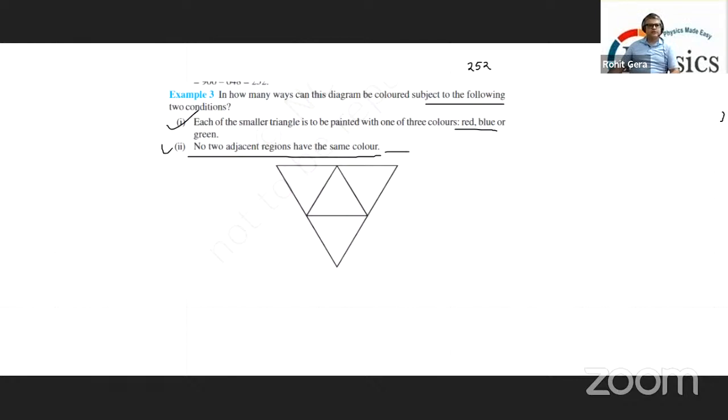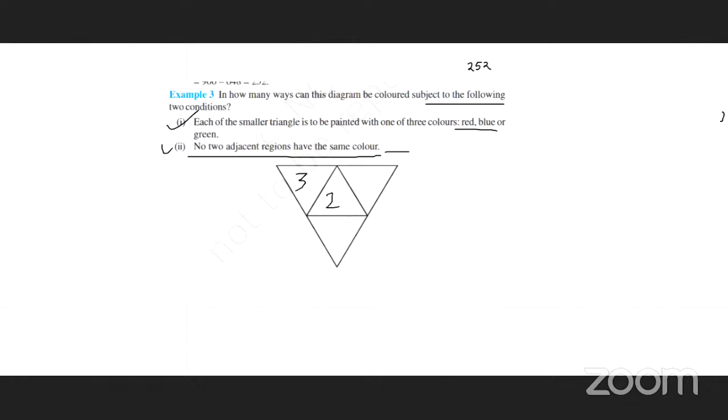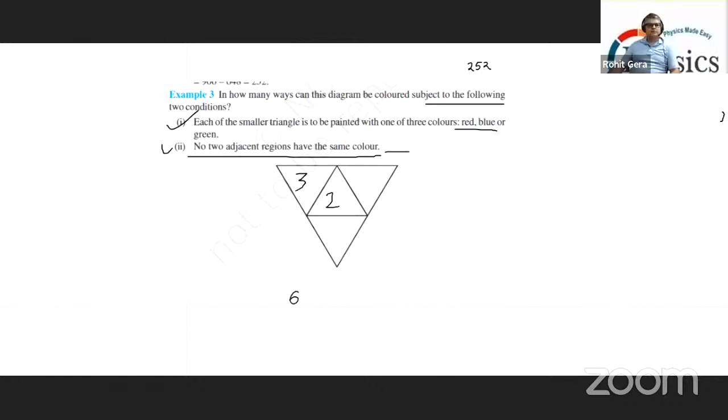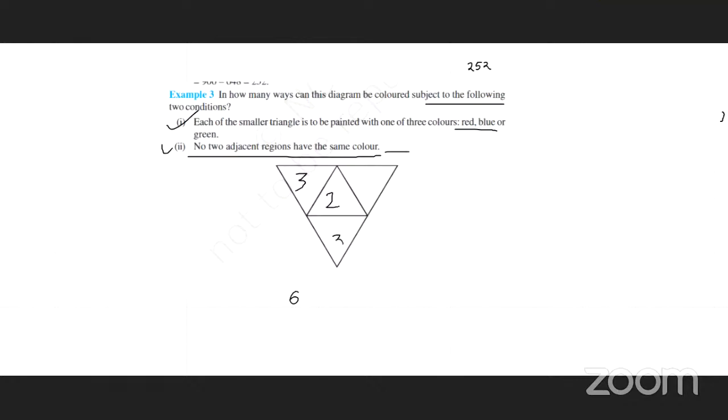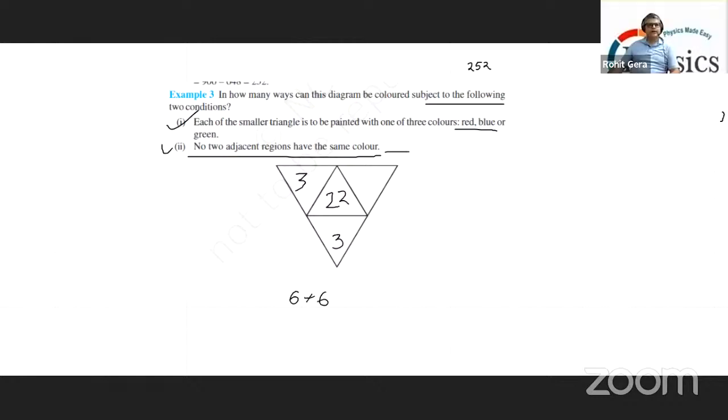So if this is 3, all 3 colors, then with this you can only have 2 colors. 6. And with this 3 colors and 2 colors. 6 again. Not clear. You just have 3 colors available. So you use one of the colors here, and you are allowed to use the balance of the 2 colors.